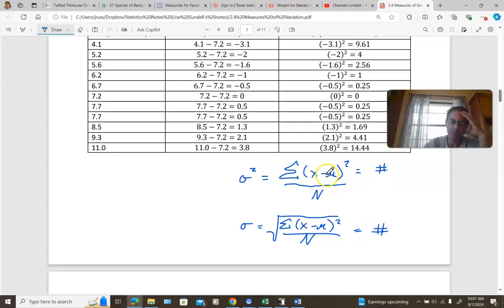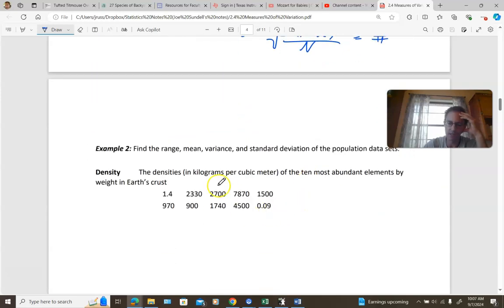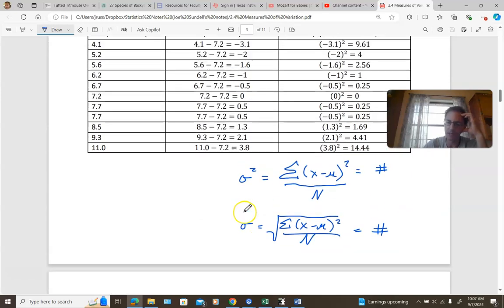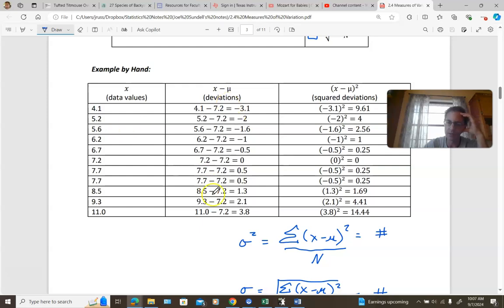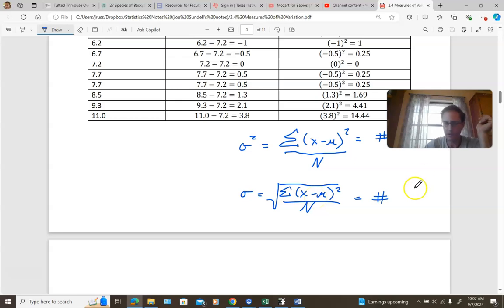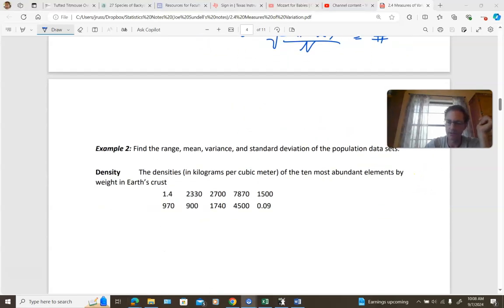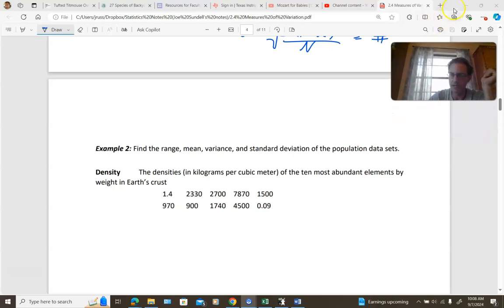You might want to try it with a small data set, like maybe this one, doing it by hand. You need to make a table, list out all these numbers, and then find the appropriate sums, etc. What we're going to do is look at an example of another data set.